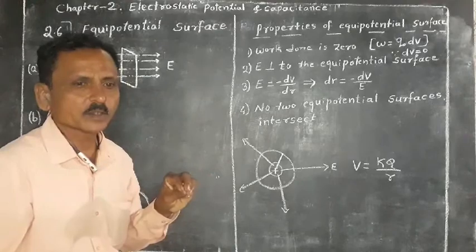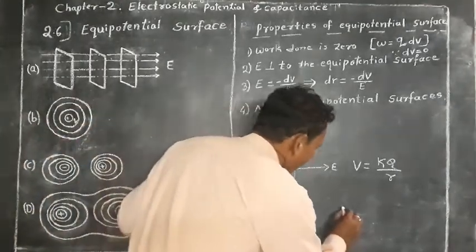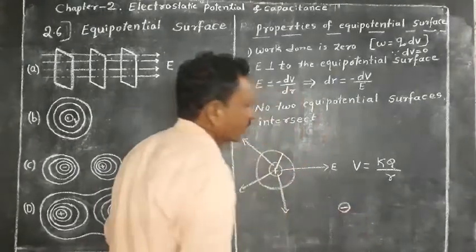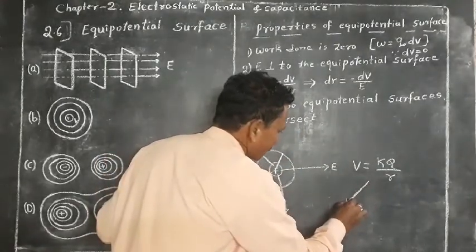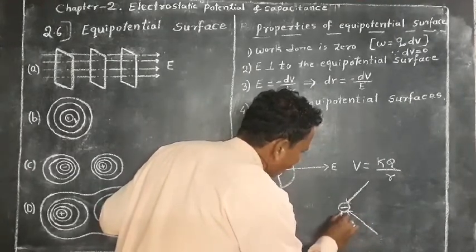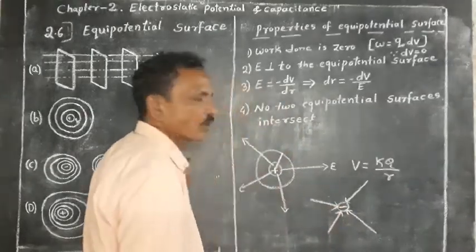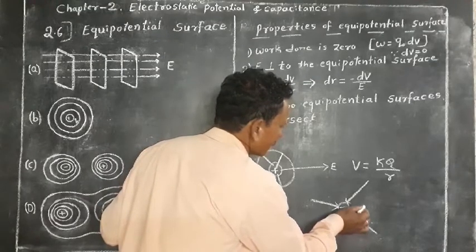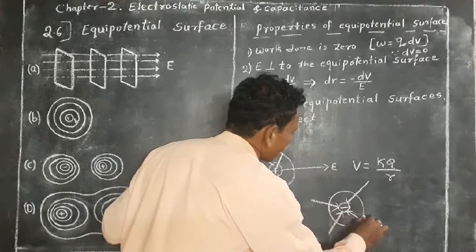And if we consider a negative charge, then the electric field lines are radial, but they are inward. If we draw a Gaussian surface about the charge, then this surface is called an equipotential surface.